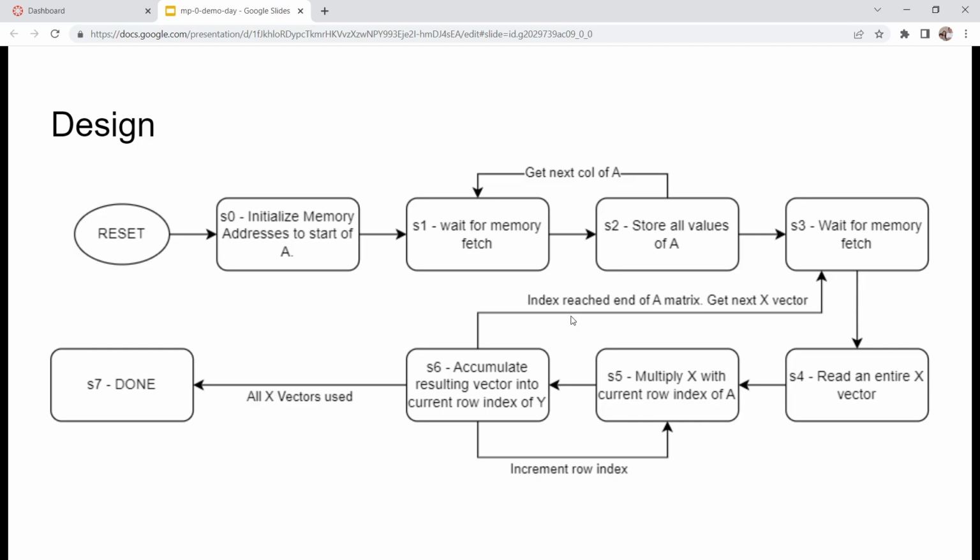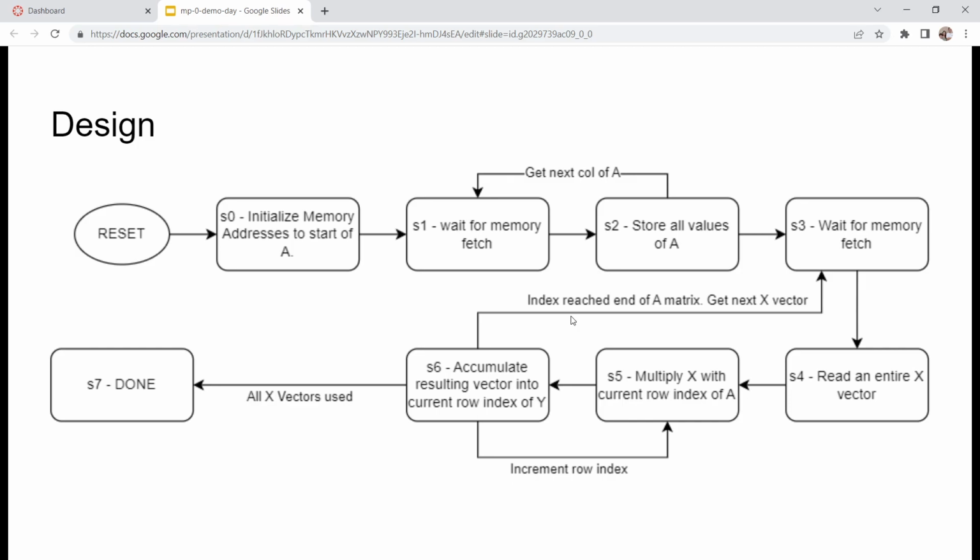Yeah, we have 7 states, and we probably could have condensed or rearranged some of it for a better speedup. They're 8, not 7. Well, we index by 0, I guess. We spent a clock cycle in state 1 waiting for the memory fetch. We had a dedicated wait for the memory clock, which could have been avoided, maybe not.